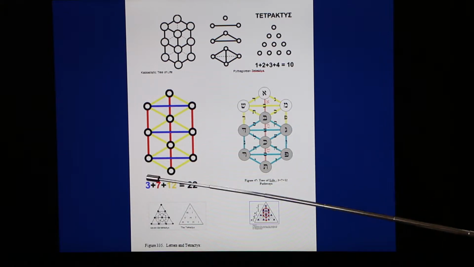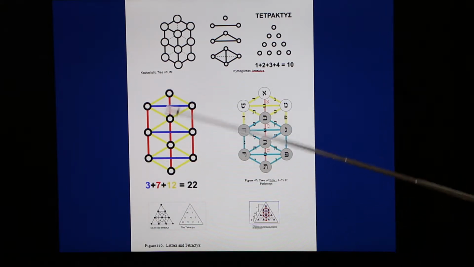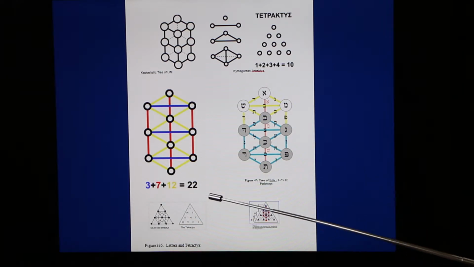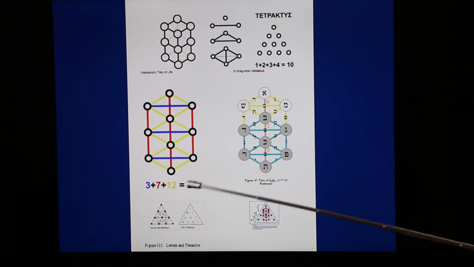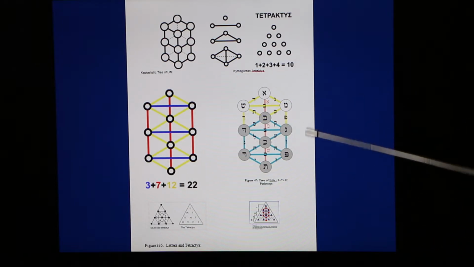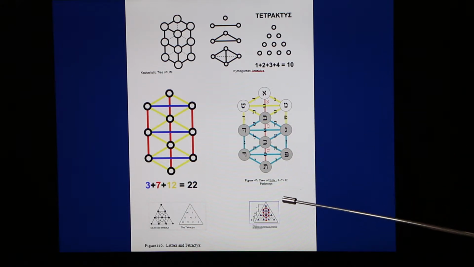I can reduce it to this version, and now it's 3 plus 7 plus 12 if I do the colors, and I get 22, which is the number of letters: the 3 Mothers plus the BGKPRT plus the 12 for the zodiac. And then I can link this with actual letters. And then if I join all the connections, then I have 32 connections.